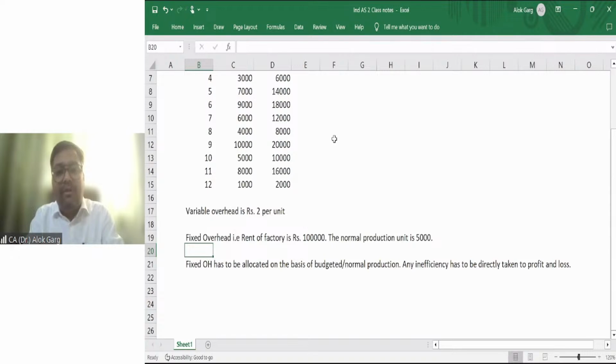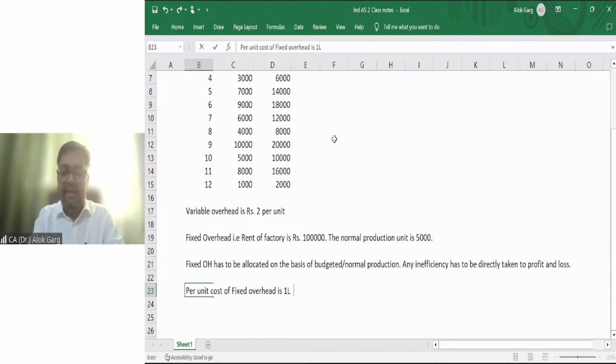So friends, if the normal production unit is 5,000, what is your per unit cost of fixed overhead? 1 lakh divided by 5,000. It comes out to 20 rupees per unit. Is that clear?